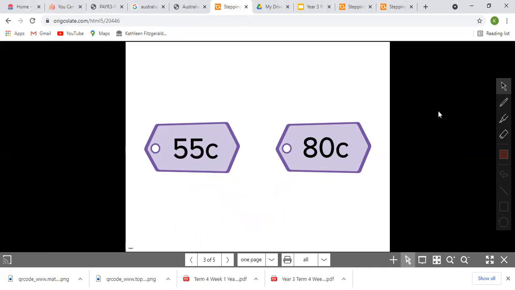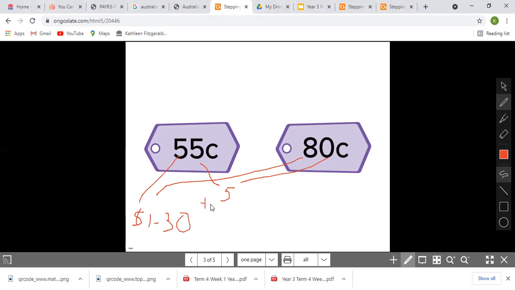We're doing the same thing here again. We have got our 5 cents and 0 cents to make 5 cents. This time we've got 50 cents and 80 cents, which is going to make 5 and 8 is 13, so that will be $1.30, plus our 5 cents is $1.35.